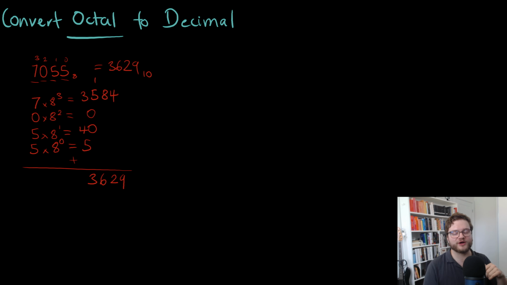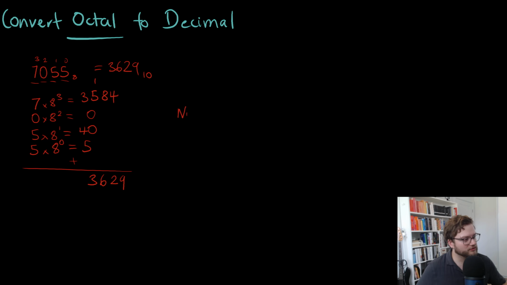Let's briefly go over how this actually works so that you can apply it to other number systems, because this also works for things like hexadecimal, or binary, or ternary, or quinary. So let's talk about it. When you're doing this, all you need is the number of these places.